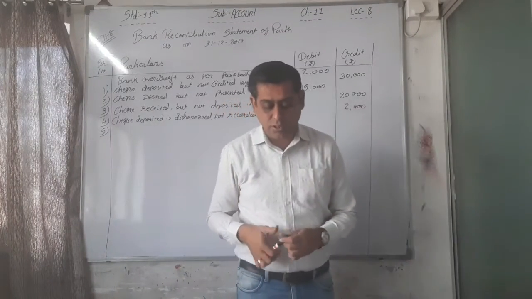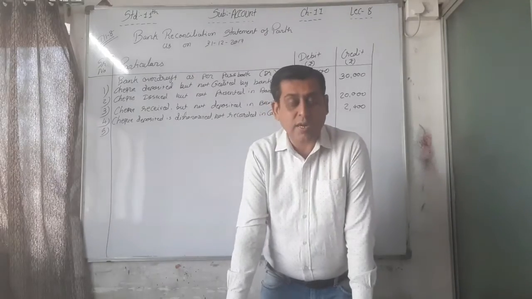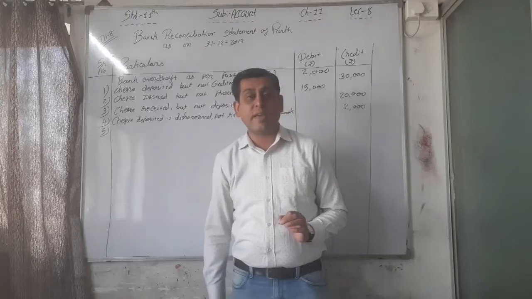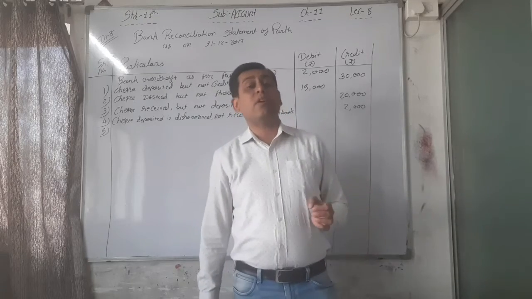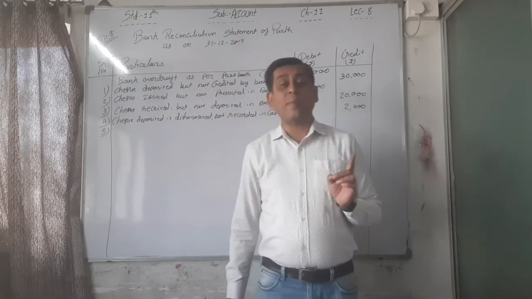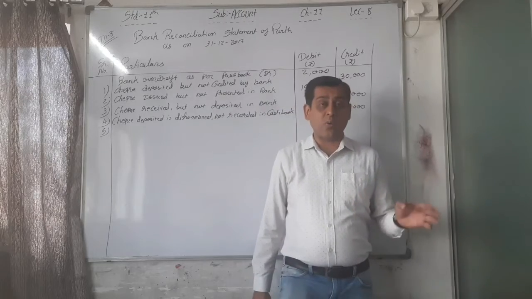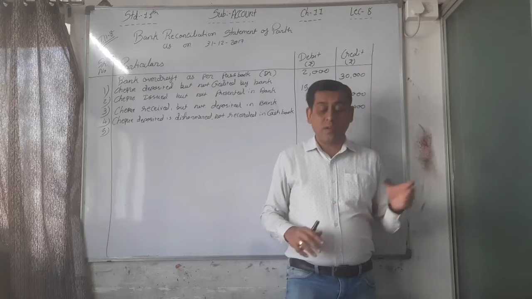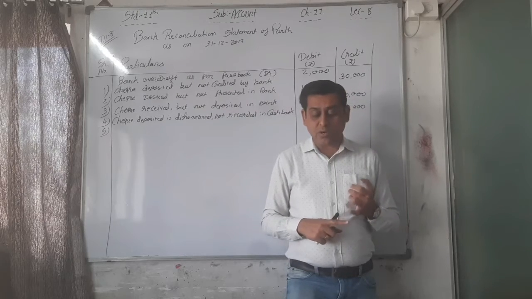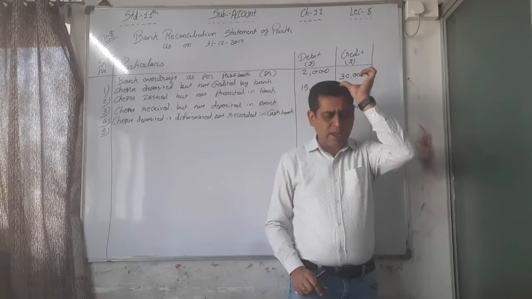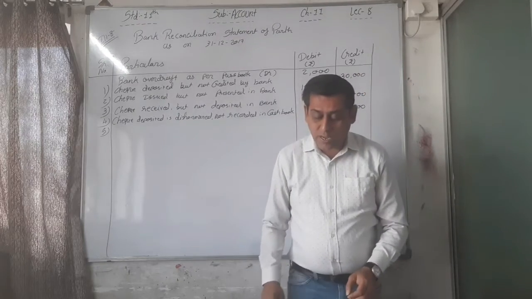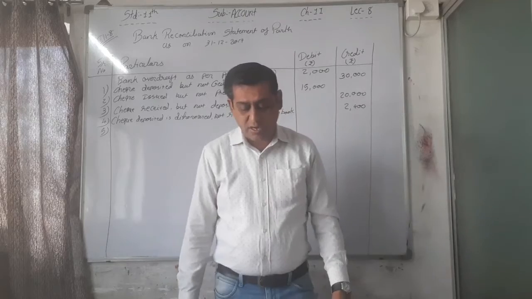Now the fifth situation: interest on investment collected by bank. Whatever amount is collected by the bank is credited by bank, and whatever amount is paid by the bank is debited by bank in our bank account. But we have to do the reverse in the BRS. Here interest on investment is collected by the bank, and that's why the bank credits that amount, and here we have to debit it, because it is not recorded in the cash book.